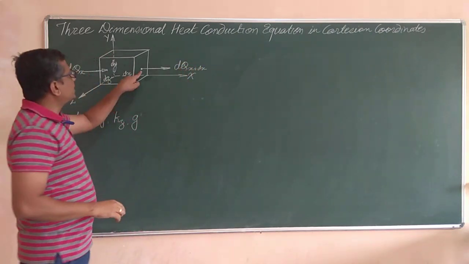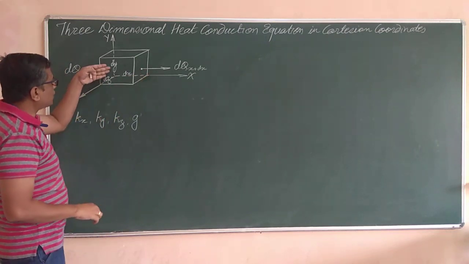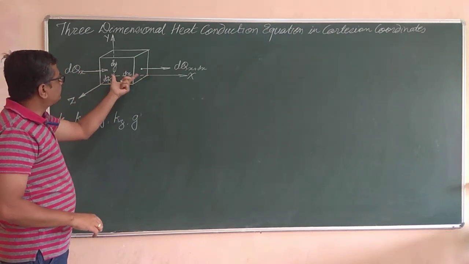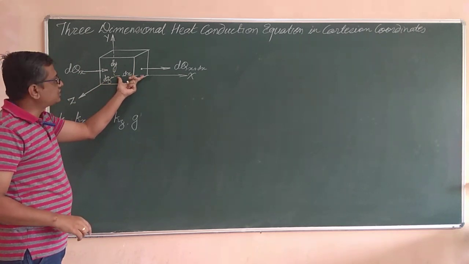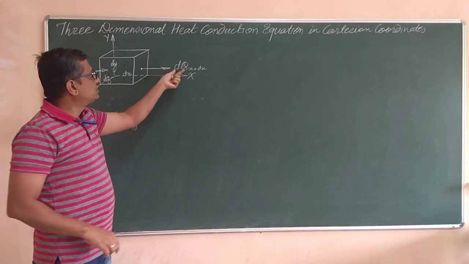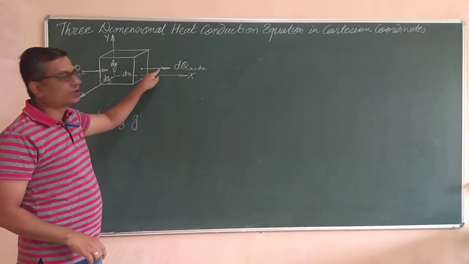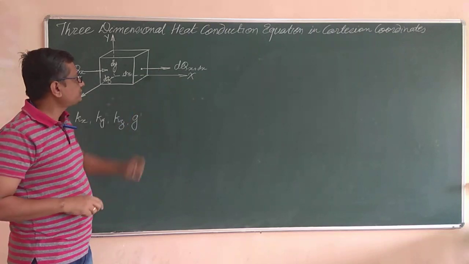Since it is coming out of this element at the x coordinate, if the x coordinate of this surface is 0 and the length of this element in the x direction is dx, then the x coordinate of the other surface will be x plus dx, and dqx plus dx represents the heat which is coming out of this element in the x direction.